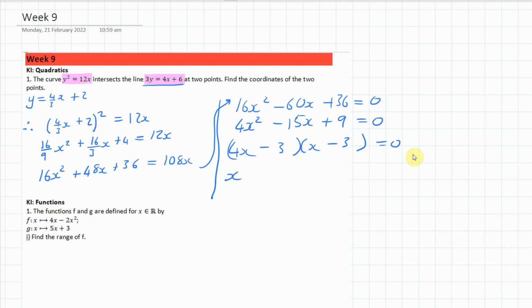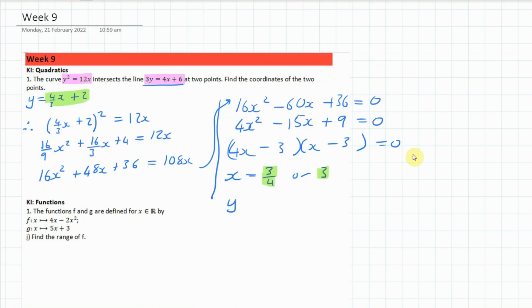And then I get x is equal to 4/3 or 3, sorry, not 4/3, wake up Mr. K, 3/4 or 3. And then to find out y, I'm just going to stick these values, the 3/4 and the 3, into this equation here.